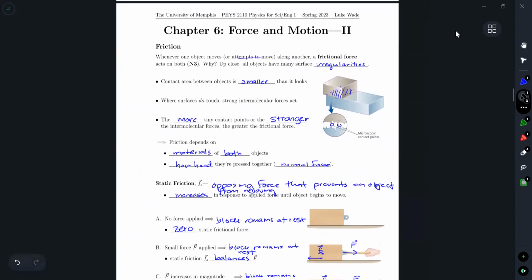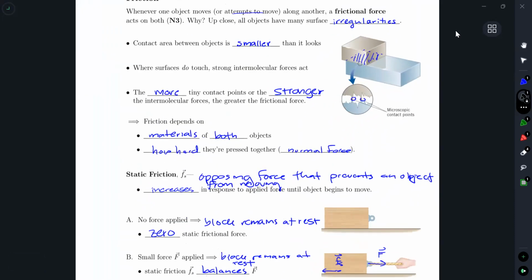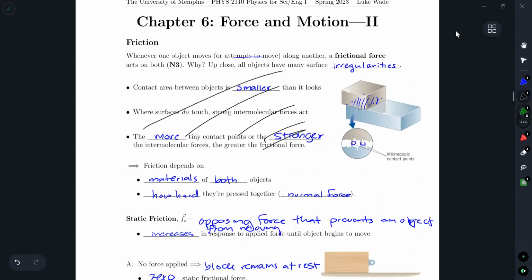Friction. The details of friction, as far as its properties, are not the most critical thing. So this stuff up here, not so important, as far as the exam goes.